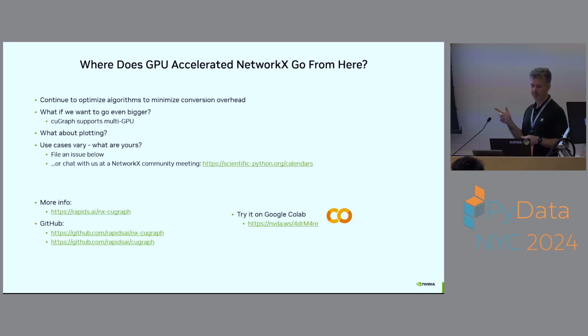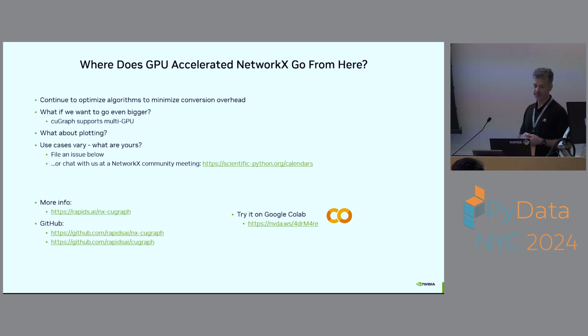The cugraph Python library, not the NetworkX one, that I showed you earlier, supports multi-GPU, multi-node distributed processing using Dask. We have a lot of clients that use that Python library to get gigantic graphs processed. We could bring that to NetworkX too if there was a demand. So this is all part of our roadmap prioritization.